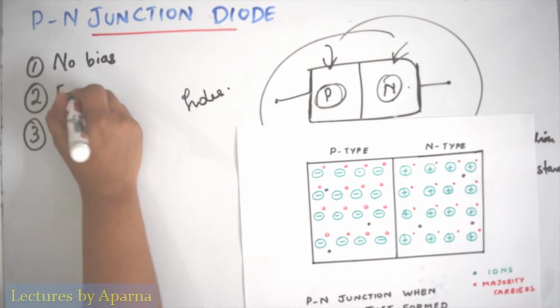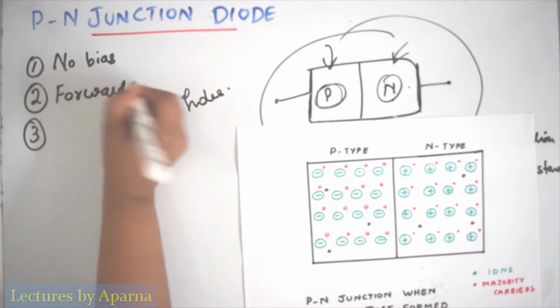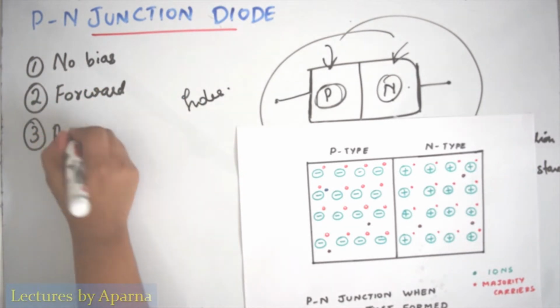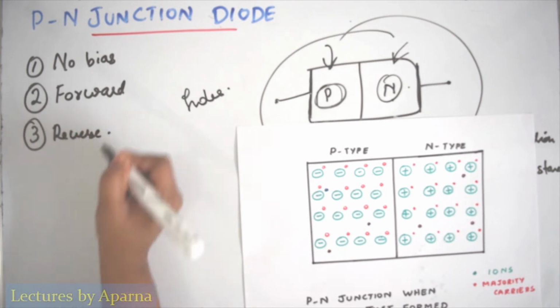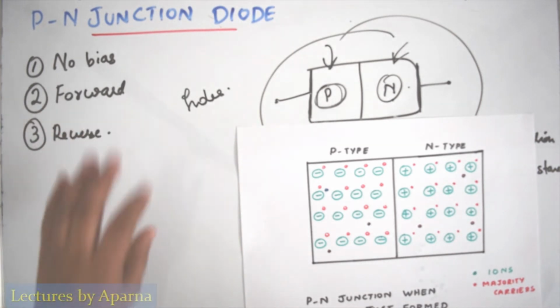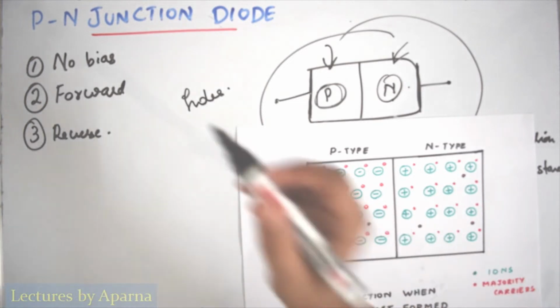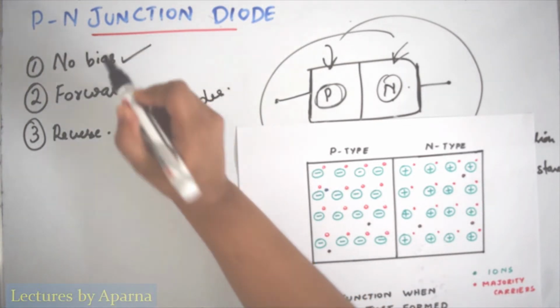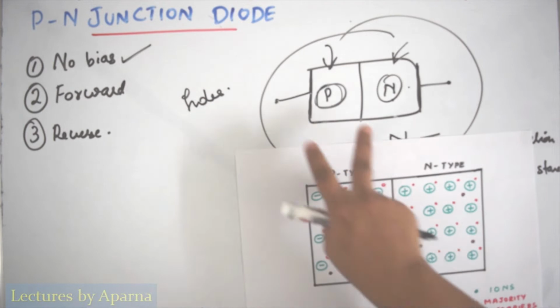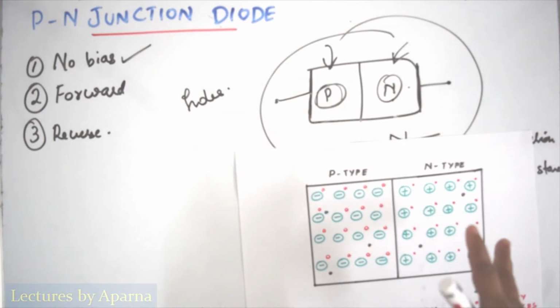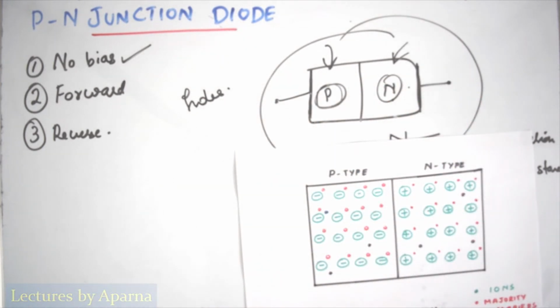Second one is the forward bias case, and the third one is the reverse bias case. So these are the three conditions we are considering. In today's class, we are discussing the no bias condition, that is when no voltage is applied across the PN junction. So let's get started.